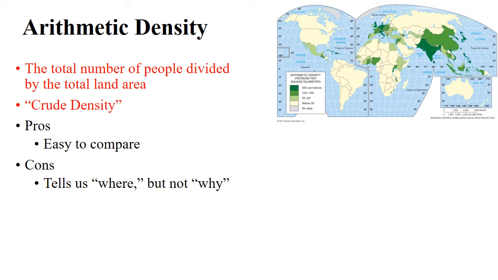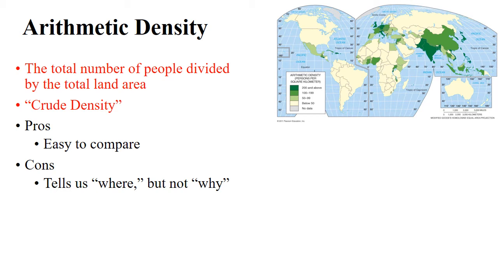But arithmetic density can be calculated by dividing the total number of people in a country or area by the total land area. All right, so if we did this for the United States, took the total population of the USA, divided it by the total land area of the USA, you get about 83.6 people per square mile, right? About 84 people per square mile.